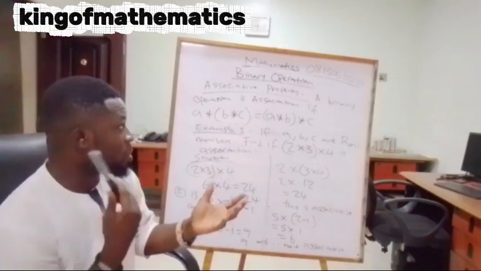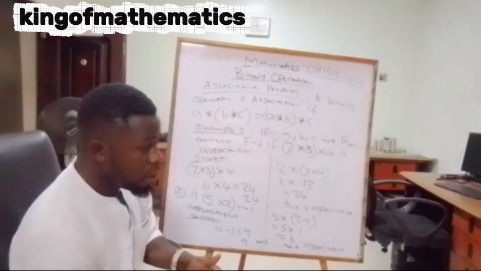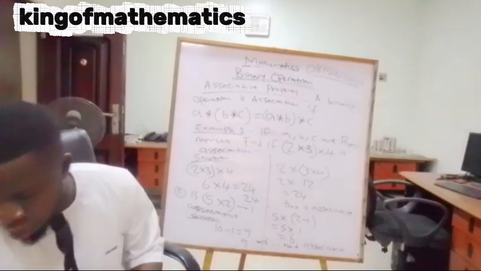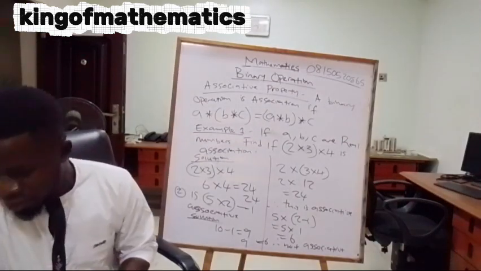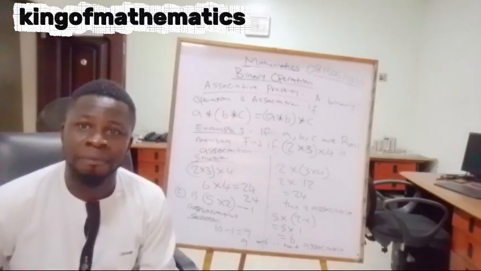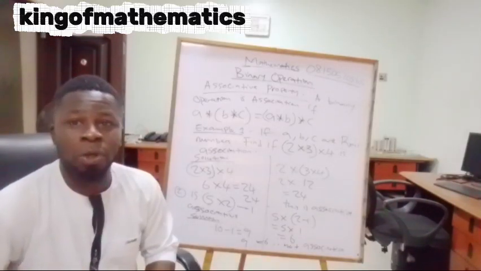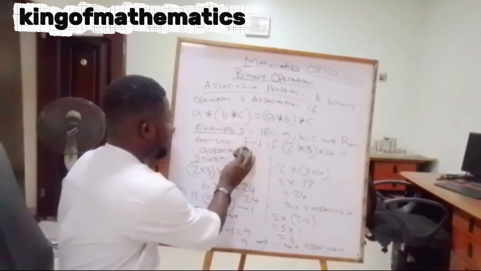So we've talked about the definition, we've talked about some properties. So let's go into more properties. Maybe in part 2, we'll be solving past questions on binary so that you know how to attempt them.